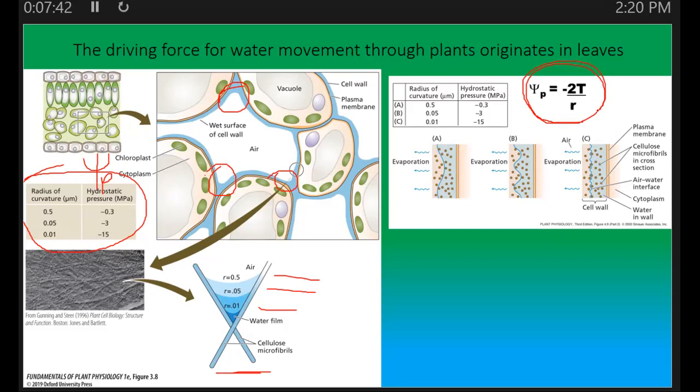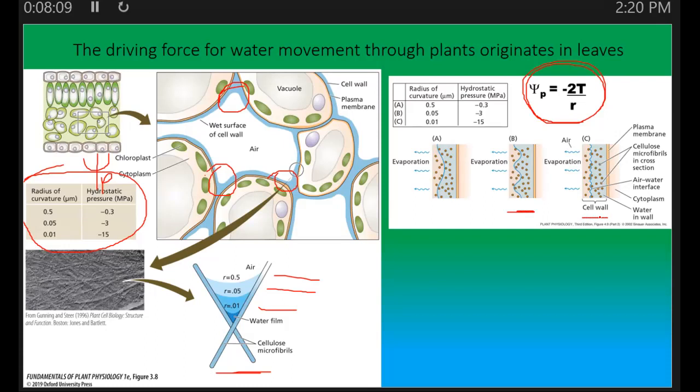So this picture on the far right here is saying the same thing, and they've included some images of the liquid water continuing to evaporate inside the leaf, getting into the gaseous state. That causes the liquid water to recede into tighter and tighter spaces. So then the radius of curvature of the air-water interface gets smaller and smaller and smaller.